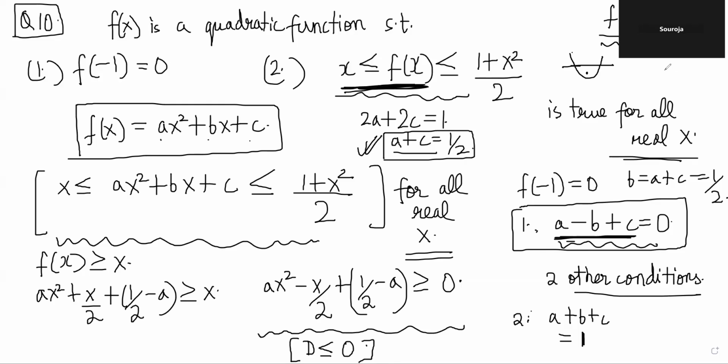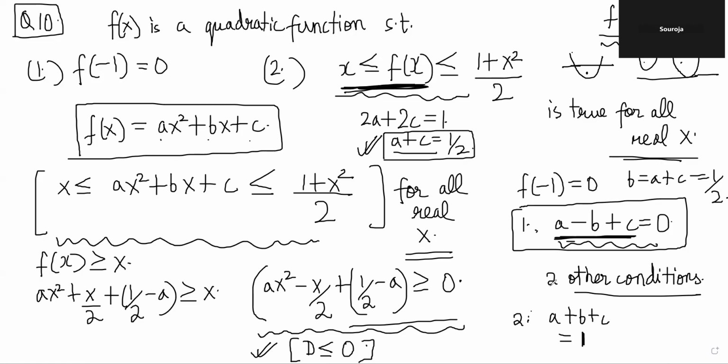Any quadratic which has real roots cannot always have the same sign. But the quadratic has to be always non-negative, which means it should either be a graph like this or a graph like this, right? So the discriminant is either less than 0 or equal to 0, right?